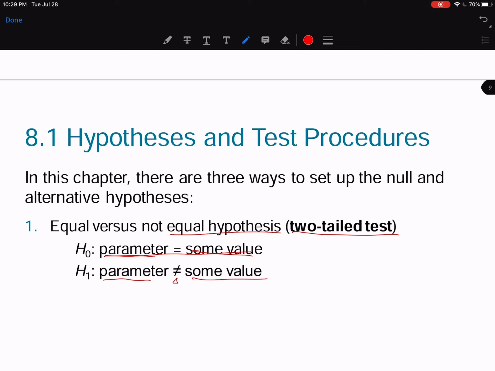Since we have the parameter is not equal to some value in the alternative hypothesis, it could be the parameter is greater than some value, or the parameter is less than some value. That's why it's called a two-tailed test.